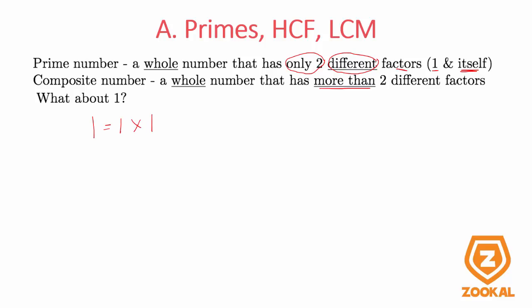One can only be factorized into 1 times 1, and these may be two factors, but these are two of the same factors, which essentially means that 1 only has one factor. Because 1 only has one factor, this means that it is definitely not a prime.